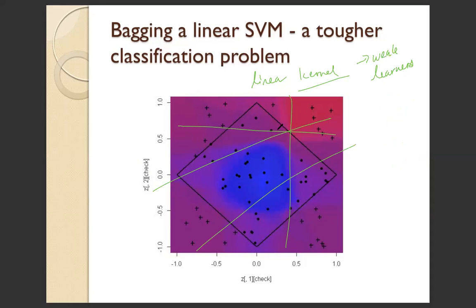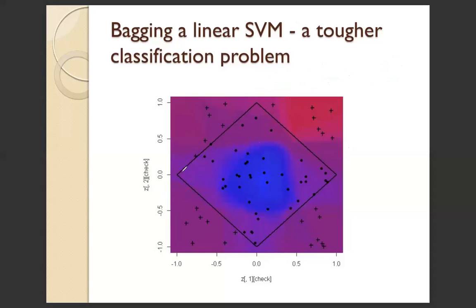So basically, in this case, when you do bagging, your decision boundary, you will get this rotated square, which is actually approximately the same as your kernel function if you had used, let's say, a polynomial function. So this is very interesting.